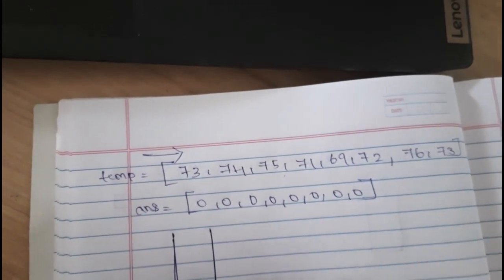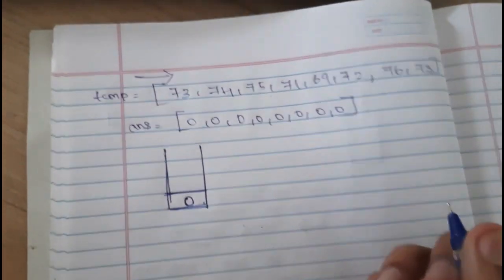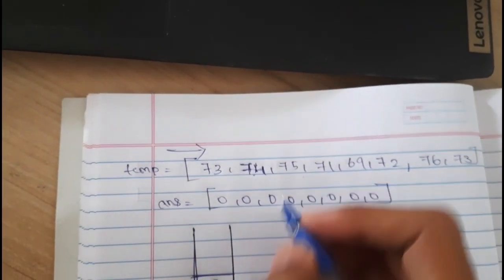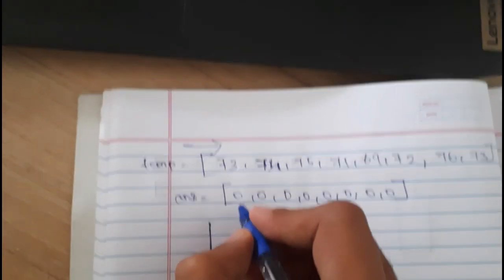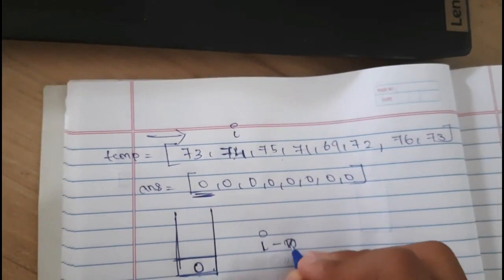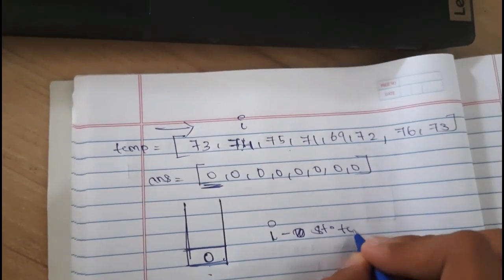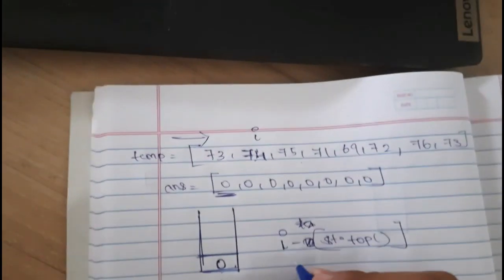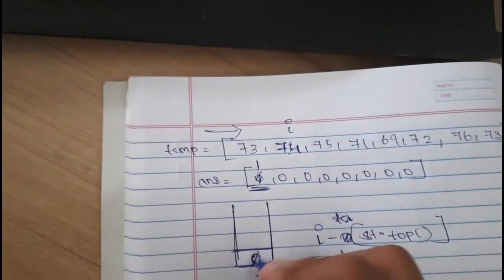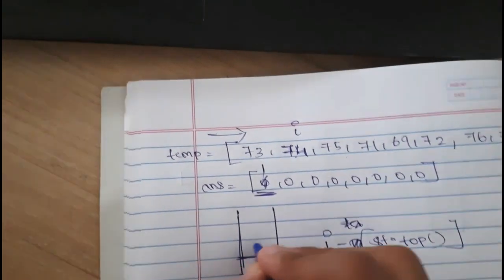For 73, its index is 0, so we add 0 into the stack. Next is 74. The stack is not empty, and 74 is greater than 73. So we update the answer array as 1 minus 0. This is i minus st.top, which will be 1. So we update the answer as 1. We pop the 0 and push the index 1.